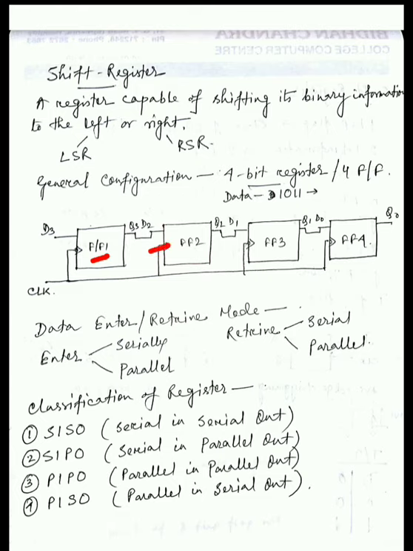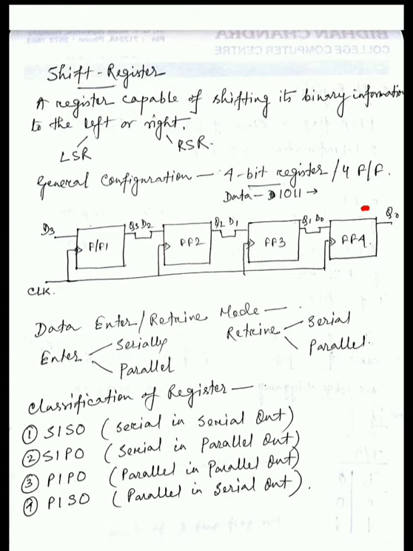Here Q2 is the output, connected with D1, which is the input of the next flip-flop. We get the final output from Q0. We will explain how the output goes later. This is the basic structure of flip-flops in a shift register.